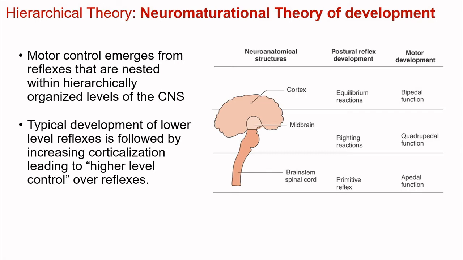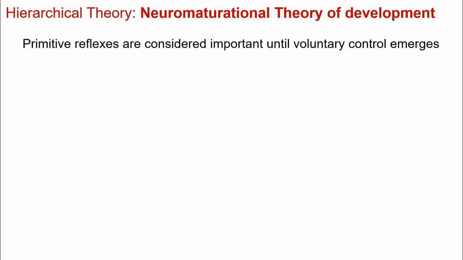According to the neuromaturational theory, the typical development of lower-level reflexes is followed by an increased corticalization, leading to higher-level control over those reflexes. The neuromaturational theory of development suggests that primitive reflexes are important until voluntary control emerges.